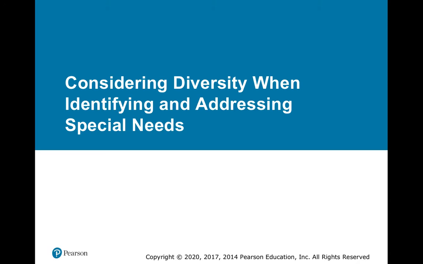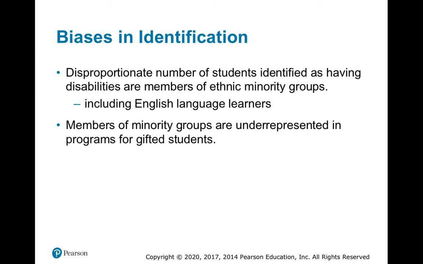Okay, class. You need to consider diversity when identifying and addressing special needs. So usually sometimes we have bias, okay. Kita rasa sebabkan oleh dia merupakan kaum tertentu, jadi kita ada bias yang tersendiri, okay. Ataupun kita beranggapan pelajar daripada kaum tertentu memang ada masalah pembelajaran.